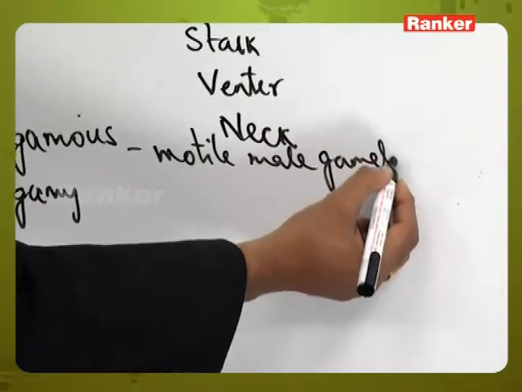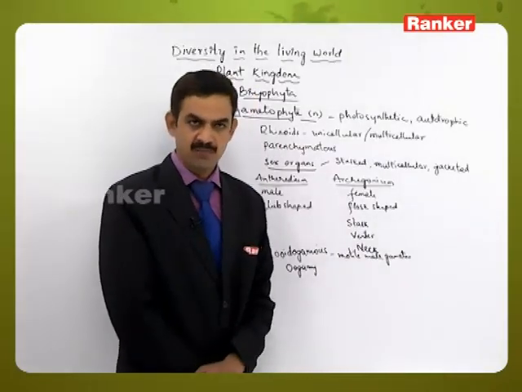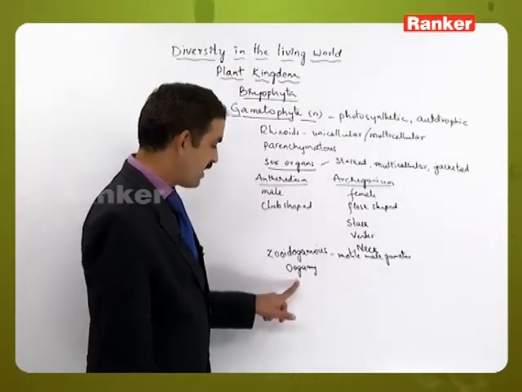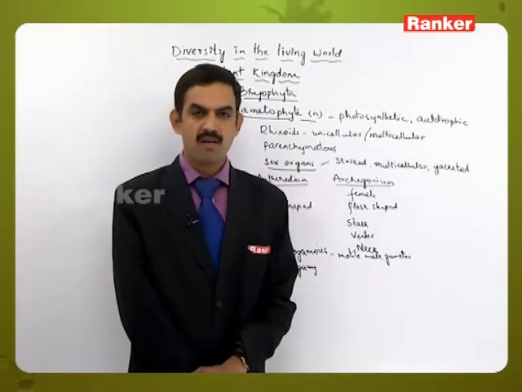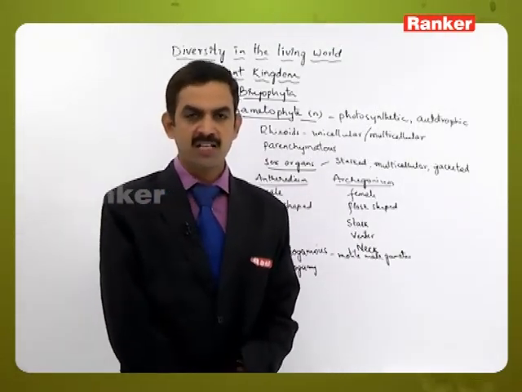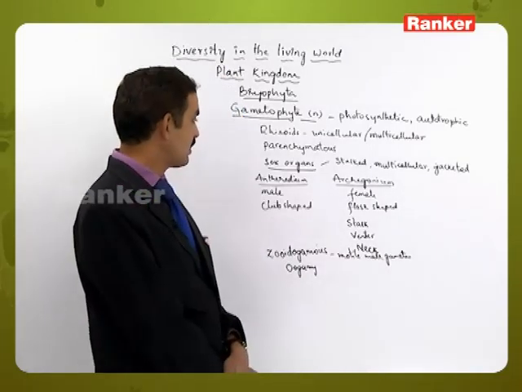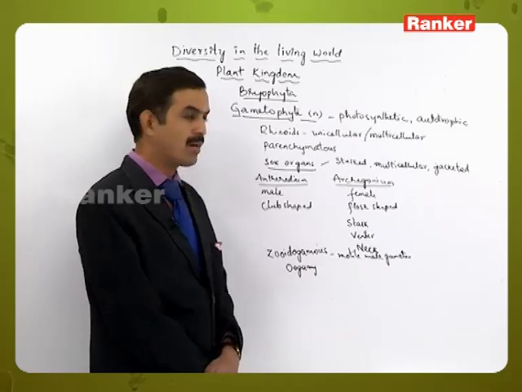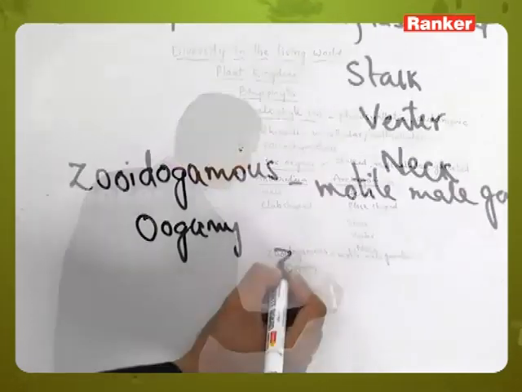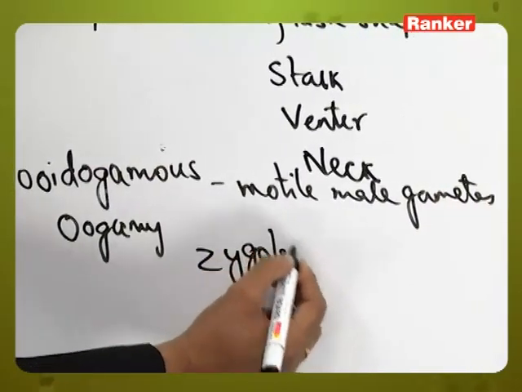The male gametes are generally flagellated, and oogamous means the large female egg cell is fused with the small motile male gamete, so the oogamous condition is present. So likewise they are exhibiting zoidogamous oogamy, resulting in the formation of the zygote.